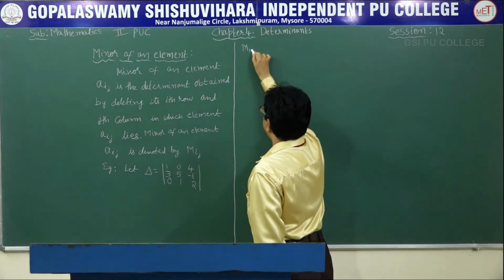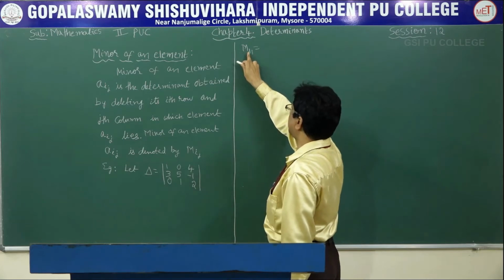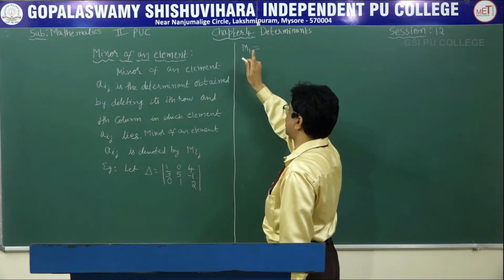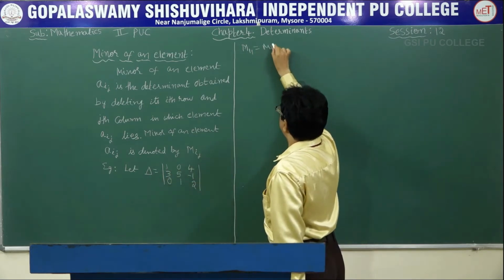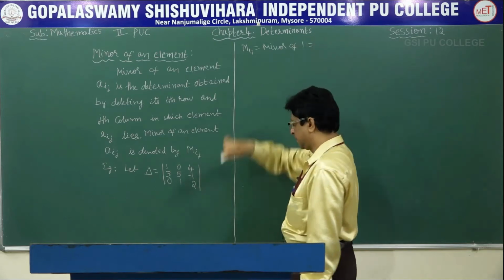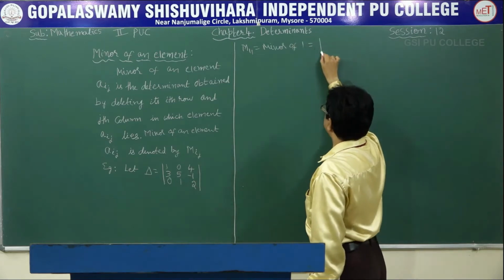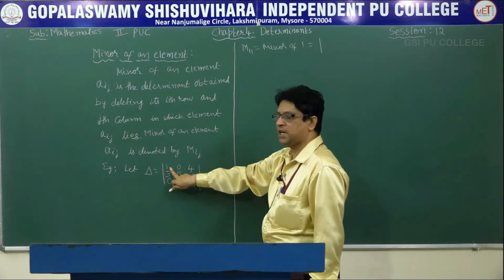So M11, that means we are finding the minor of first row and first column element, that is 1, which is equal to determinant of. So 1 lies in the first row and first column.